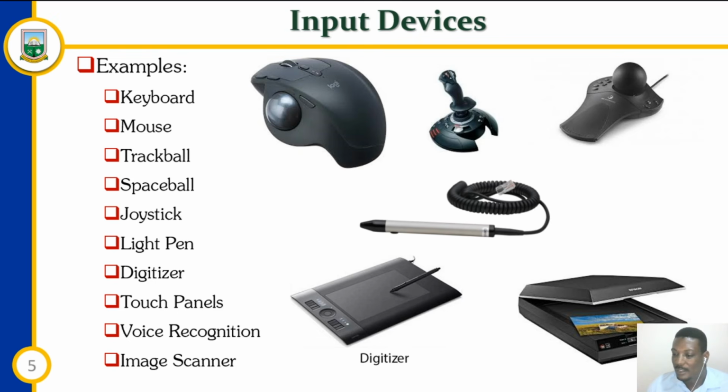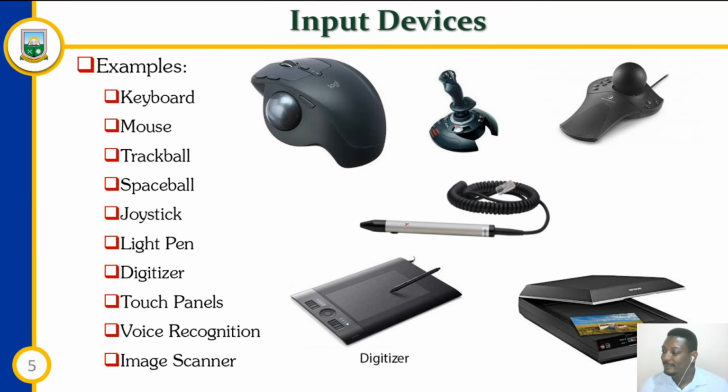The joystick can be moved in all 4 directions. The function of a joystick is very similar to that of the mouse. It is mainly used in computer-aided designing and also playing computer games, as I already talked about.